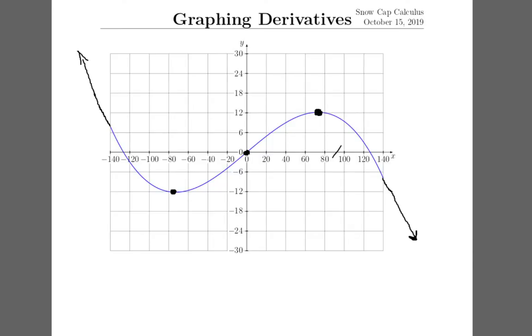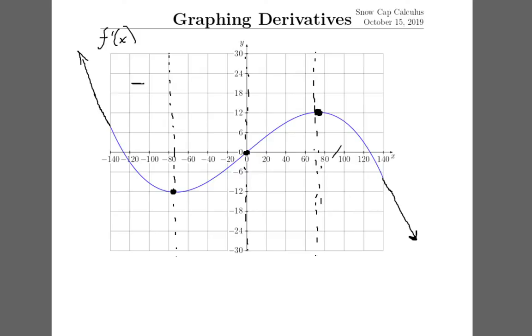All right. So first we'll go ahead and divide our graph into a bunch of sections. We look at anything less than, it looks like about negative 80. For anything less than negative 80, we'll talk about the derivative of f of x.